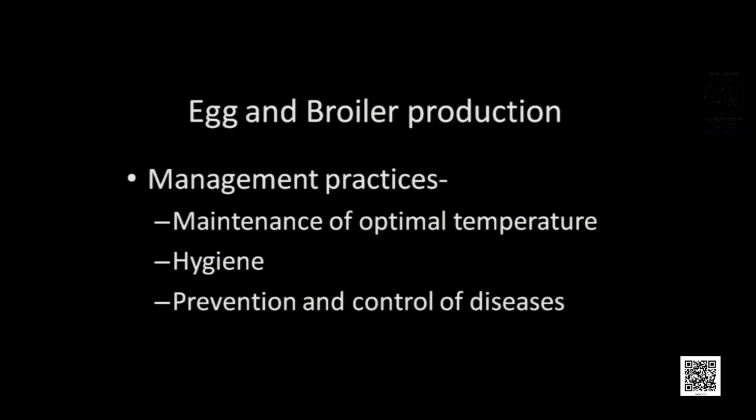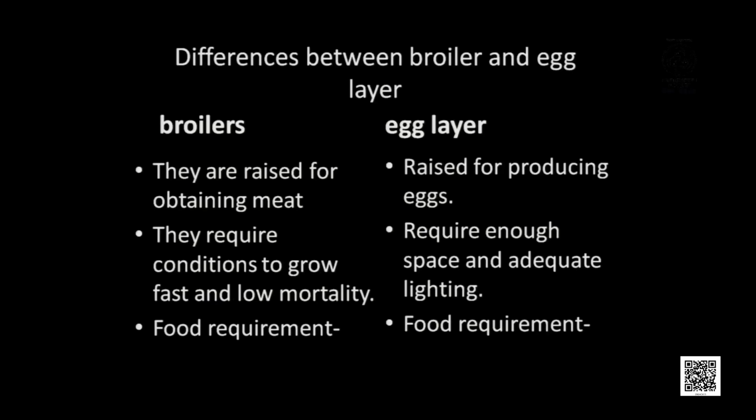Next, egg and broiler production. It is management practices that include maintenance of optimal temperature, hygiene, and prevention and control of diseases. And there are differences between broiler and egg layers. What are the differences? First, broilers are raised for obtaining meat, whereas egg layers are raised for producing eggs.